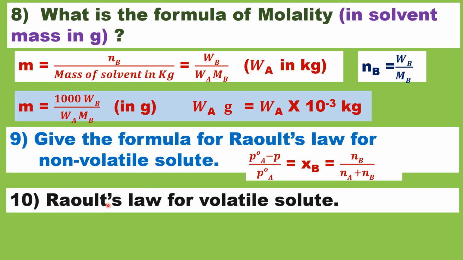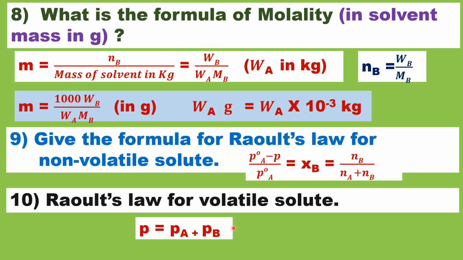Now, let us see the formula for Raoult's law for volatile solute. This is for non-volatile solute, which decreases the vapor pressure. To obtain this, Dalton's law of partial pressure expression is used here.